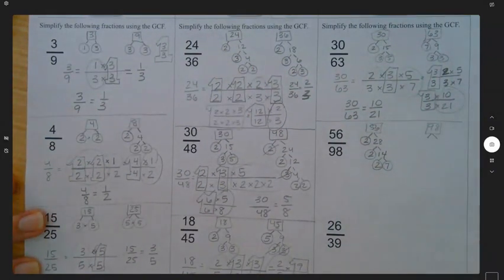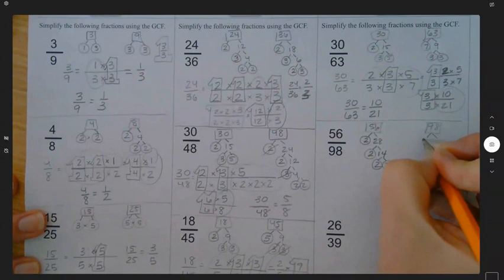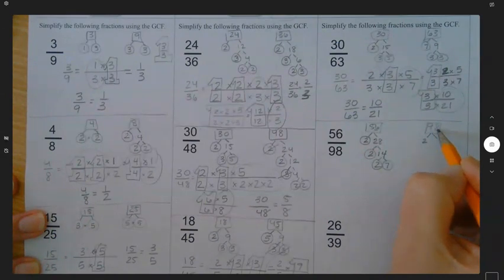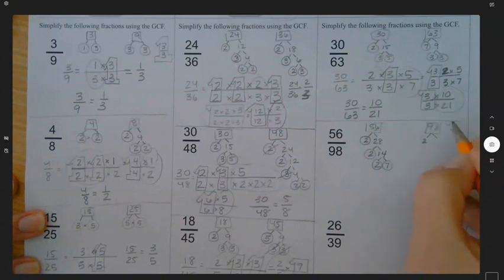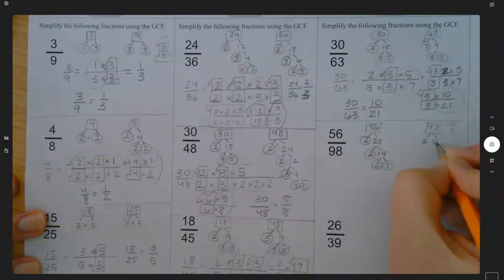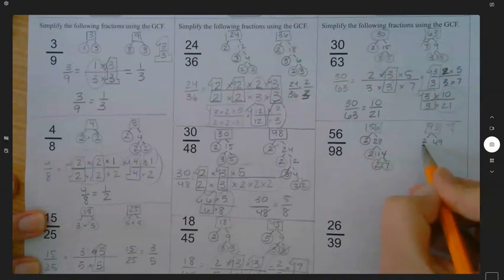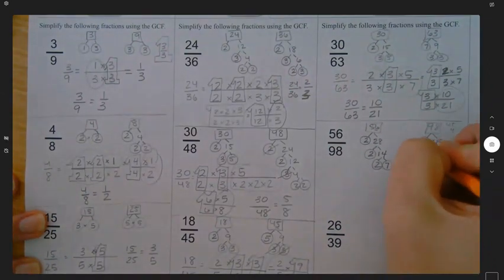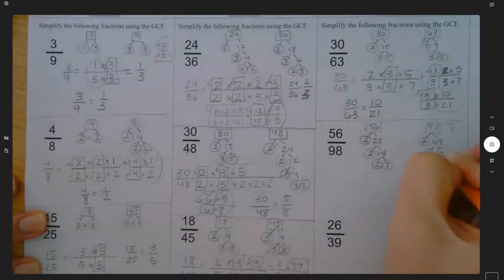Then moving on to 98, another even number. So we have 2 times, I know 98 divided by 2 is 49. 2 is a prime number, and then I know 49 is 7 times 7, which are both prime numbers, so I'll circle them.